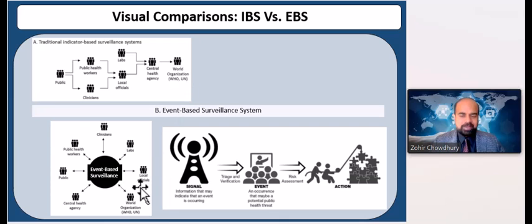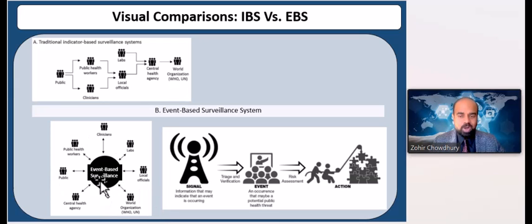The event-based surveillance system, on the other hand, you have this grouping as shown in here, where you have a combination of all of these sources: laboratory, clinician, public health workers, including the general public, local officials, central health agencies, as well as WHO.